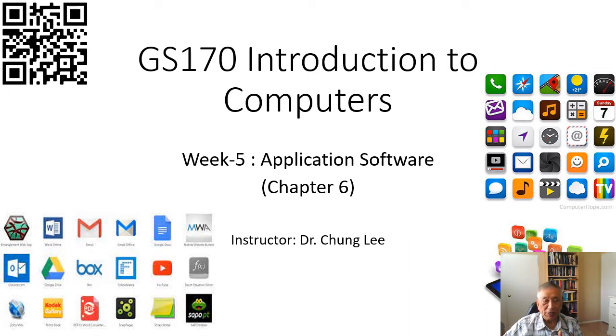Now today, at the 5th week, we're going to talk about application software. In fact, learning a computer or familiarizing yourself with a computer is more or less familiarizing yourself with certain types of application software. That's where all the work is done.